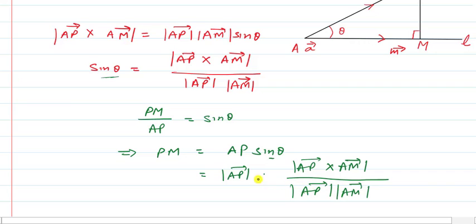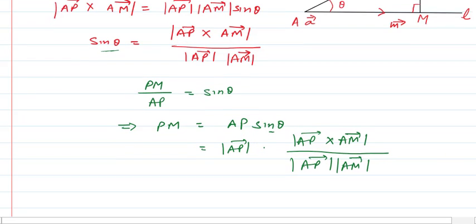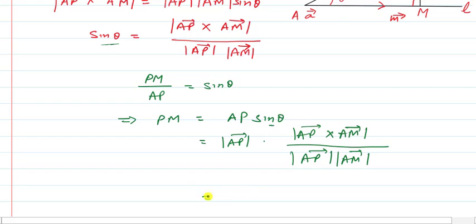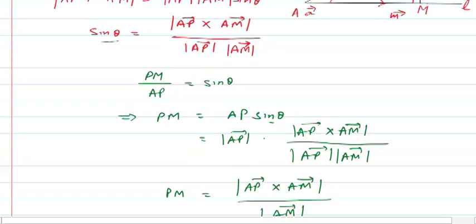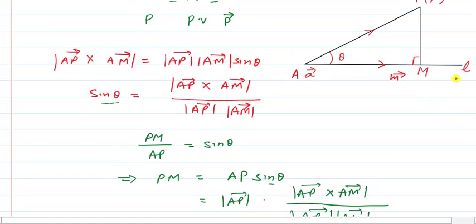From here vector AP gets cancelled and we are left with PM is equal to modulus of AP vector cross AM vector upon modulus of vector AM. So this is the perpendicular distance of point P from the given line.